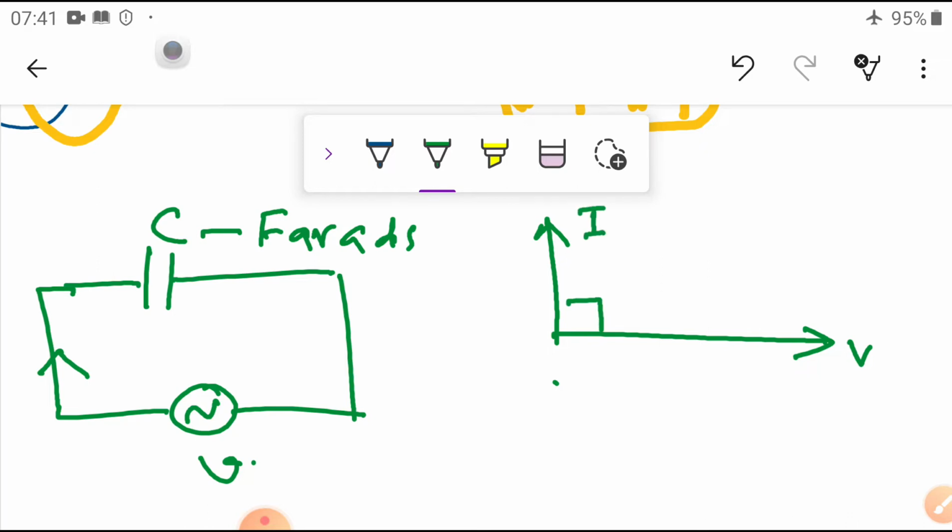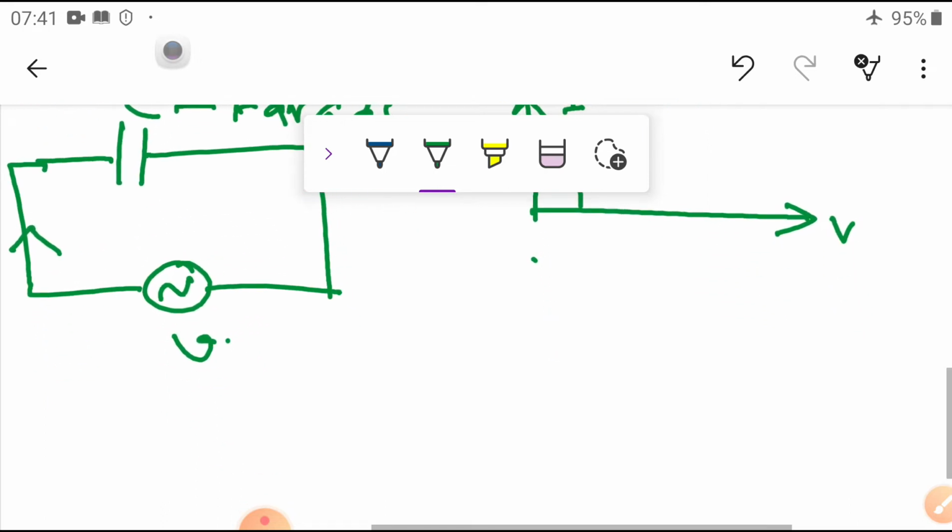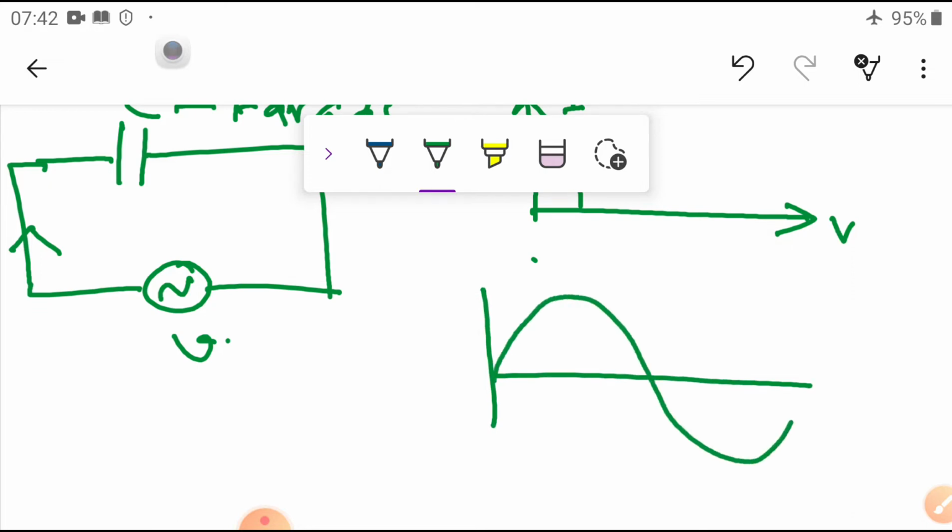Okay. So, that means whenever the capacitor is connected across the AC supply, it will draw the current at a leading power factor. If you draw the diagram, this is the voltage, which is normally the reference value.